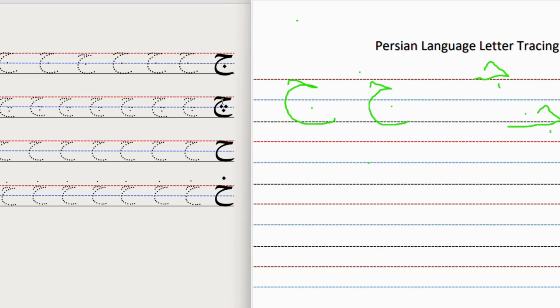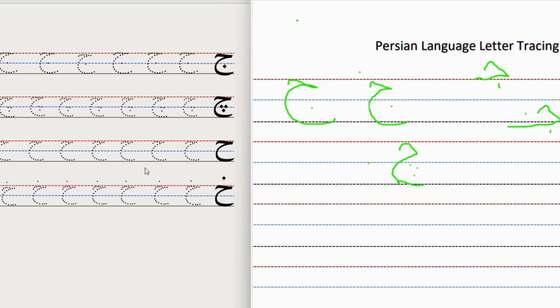For this letter Ch, again the same guidelines. Go to the right, go left, go right, and then you have a kind of semicircle and one, two, three dots.